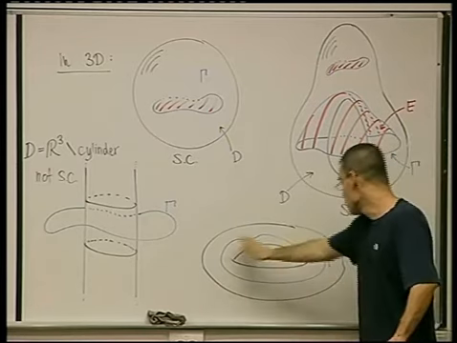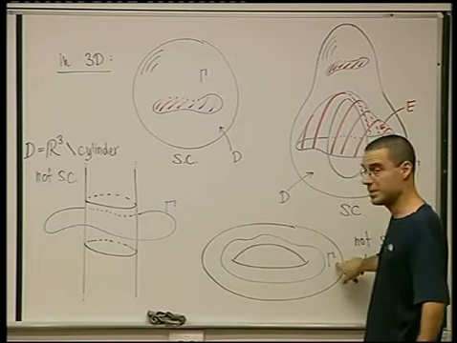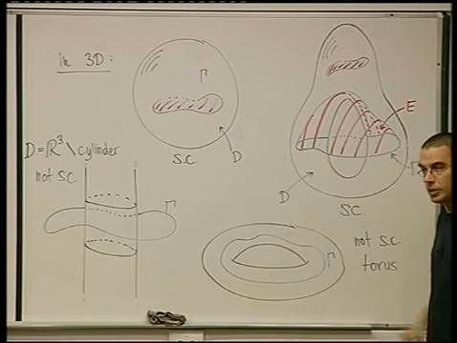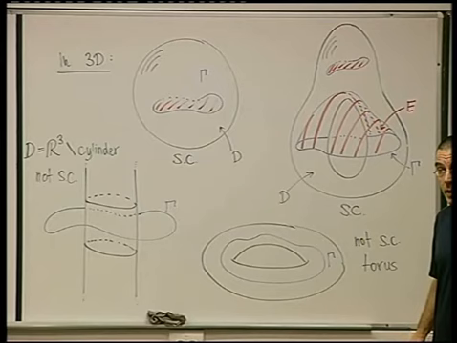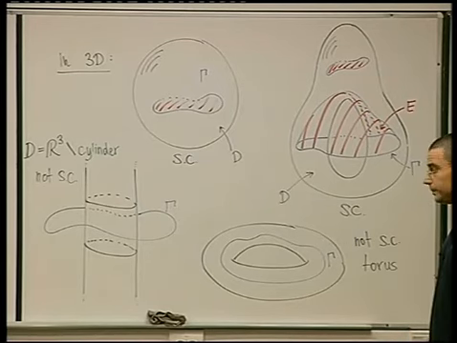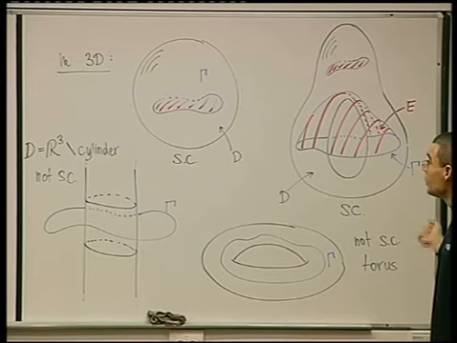If you want to close it with a surface for which gamma is the boundary, that surface is going to have to go outside of the donut. Does everybody see that? Okay. So is this notion clear? Is this notion clear of what is a simply connected domain versus a non-simply connected domain?